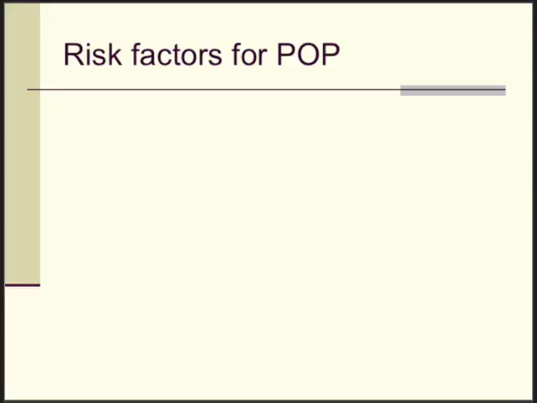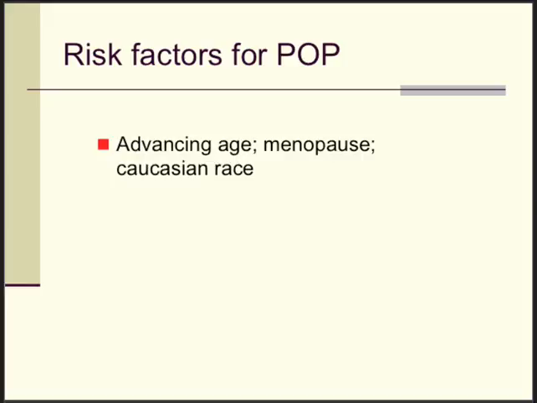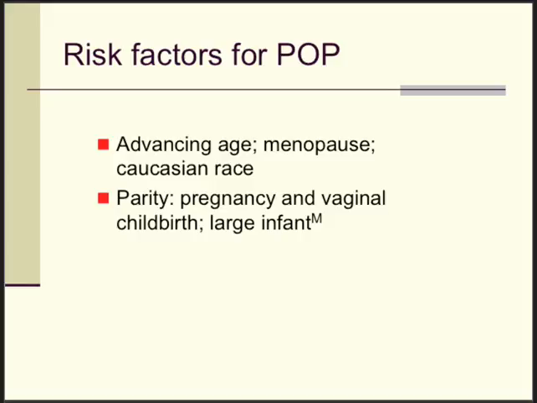What are risk factors for pelvic organ prolapse? Advancing age, menopause, Caucasian race, parity, as we have seen before, pregnancy and in particular vaginal delivery of a large infant. The little m indicates modifiable, at least if you realize that large infants, or LGA babies, occur more commonly in women with gestational diabetes.